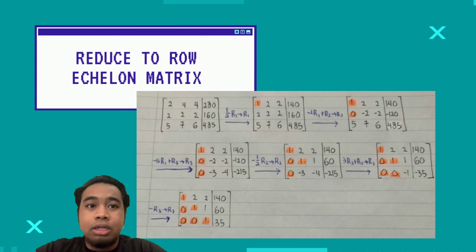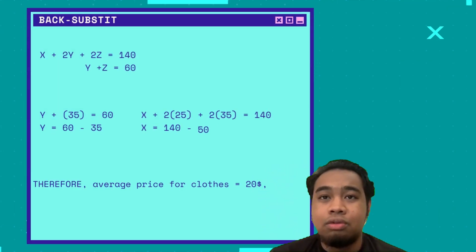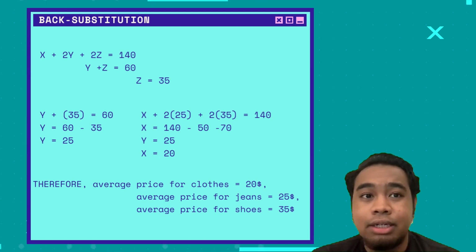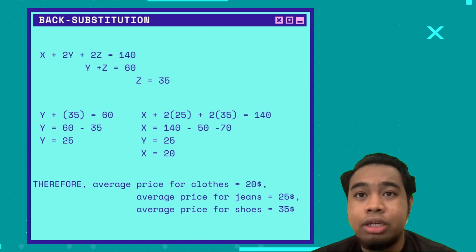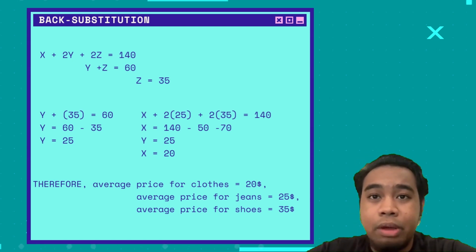After we get the row echelon matrix, we can move to step 4, which is the last step, back substitution. After we get the values, we substitute them one by one. So we get z equal to 35.